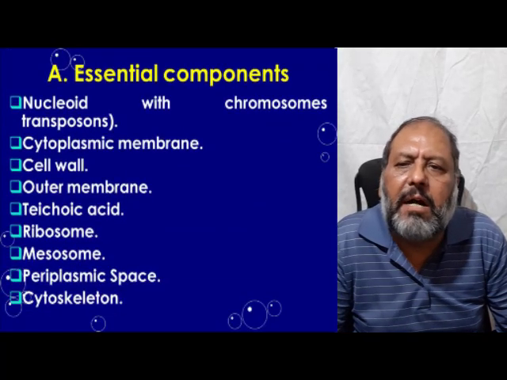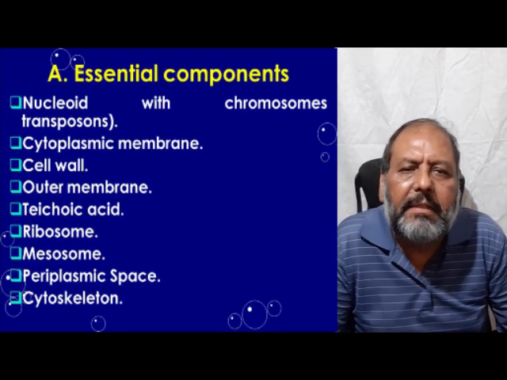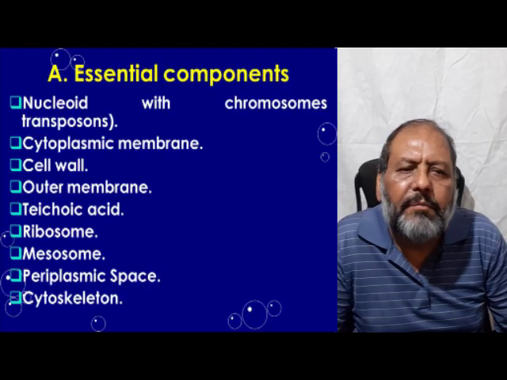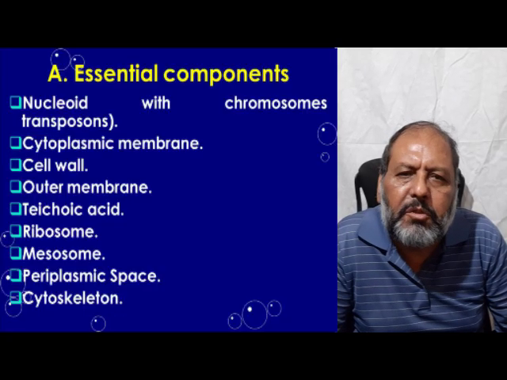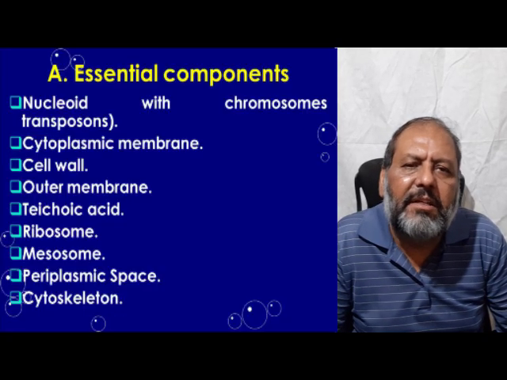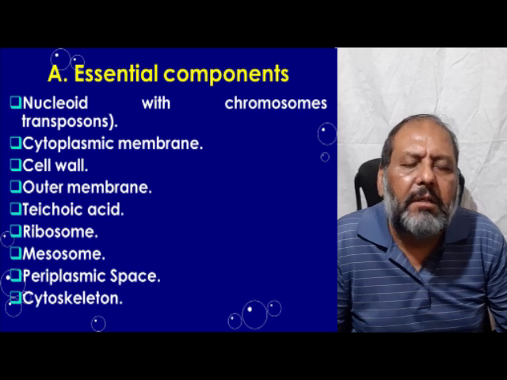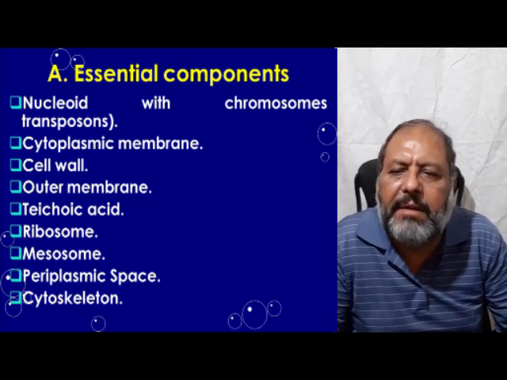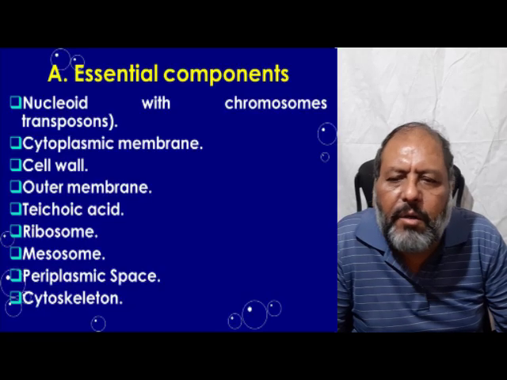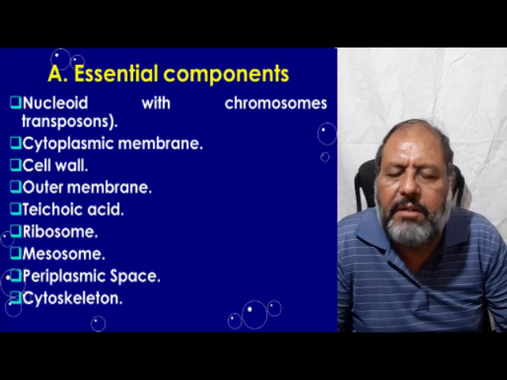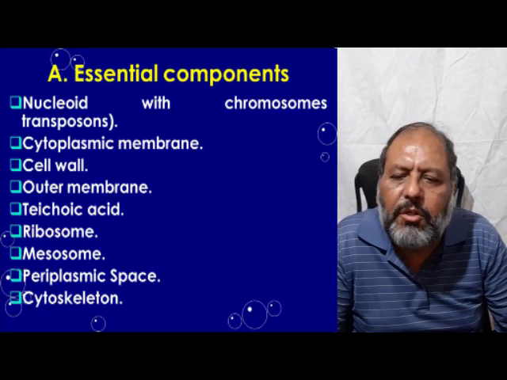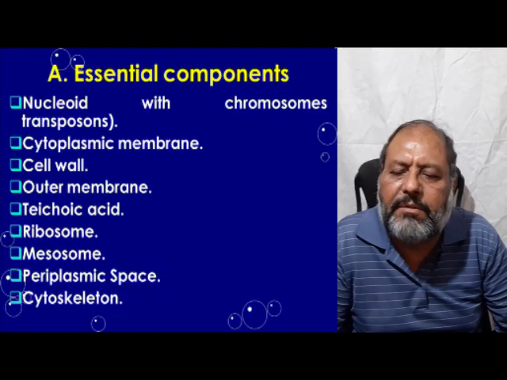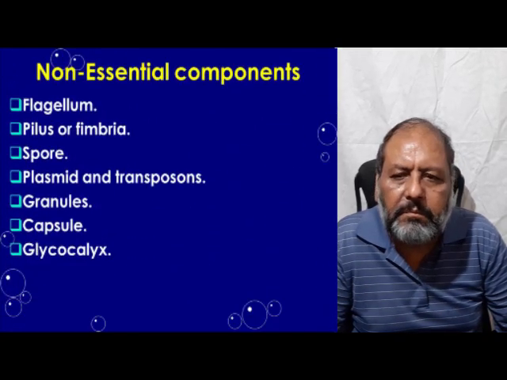First, we are going to talk about the essential components that contain nuclei with chromosomes, transposons, just like the nucleus of other animal and plant cells. Then cytoplasmic membrane, cell wall, outer membrane, teichoic acid, ribosome, mesosome, periplasmic space, cytoskeleton.